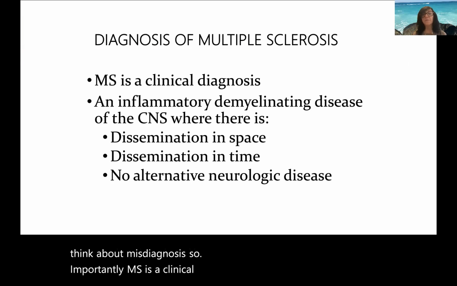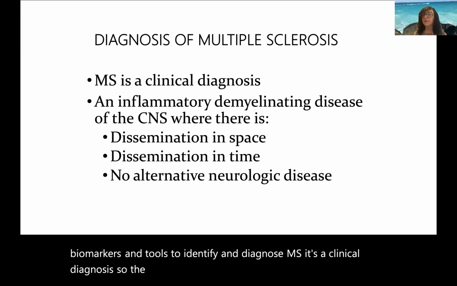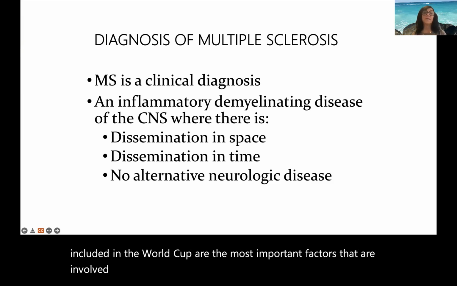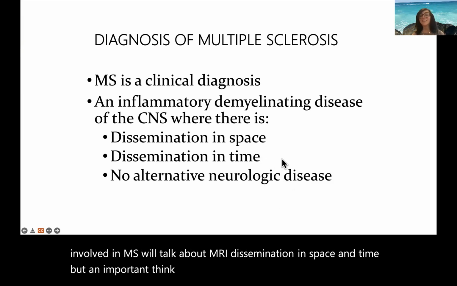Although we have some biomarkers and tools to identify and diagnose MS, it's a clinical diagnosis. So the story and the neurological exam, which will be included in the workup, are the most important factors involved in MS. We'll talk about MRI, dissemination in space and time, but it's important to think about MS as a clinical diagnosis.